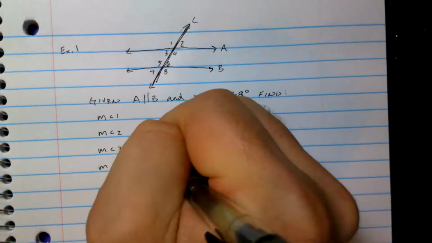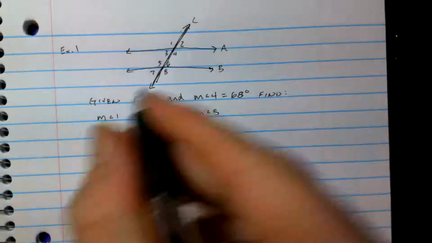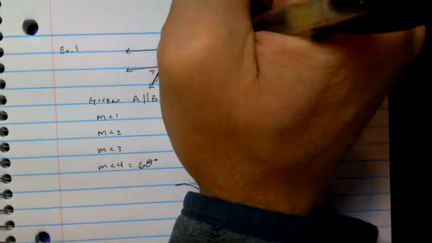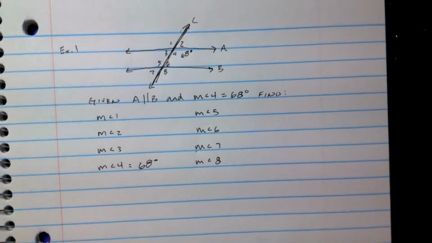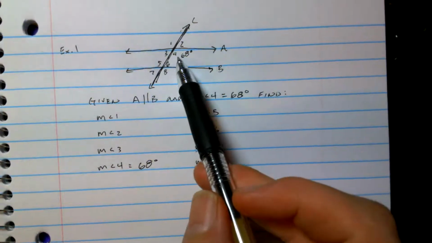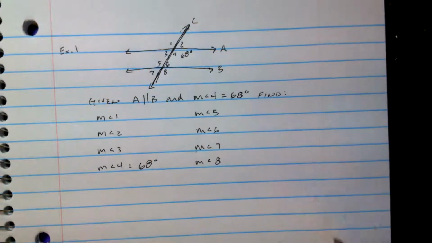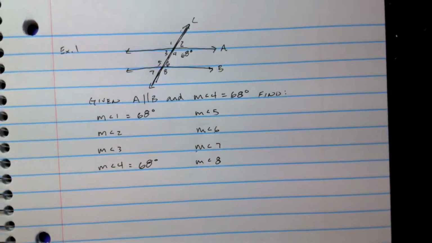That one is 68 without a doubt. I was given that. So what can I say about all the rest? Very easily, since vertical angles are congruent, I know angle 1 is also 68. That was easy, one answer right off the board. From there, we just need to know some of the relationships.